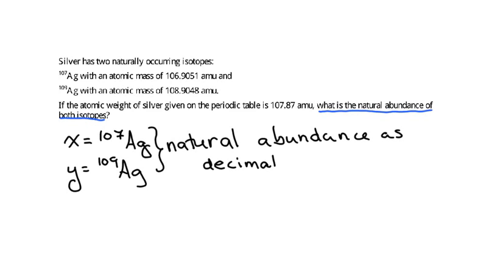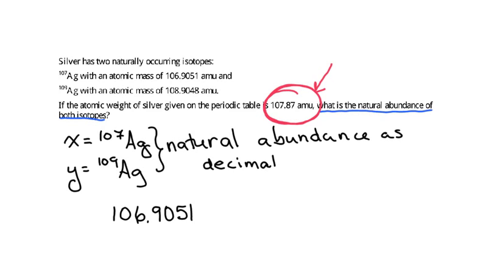The natural abundance of both of them when added together will equal the atomic weight. The atomic weight on the periodic table is the weighted average of all of the naturally occurring isotopes. So this is going to be the answer to one of our equations. We're going to take the atomic mass of silver 107, 106.9051. Keep all of those units with you as we go along.